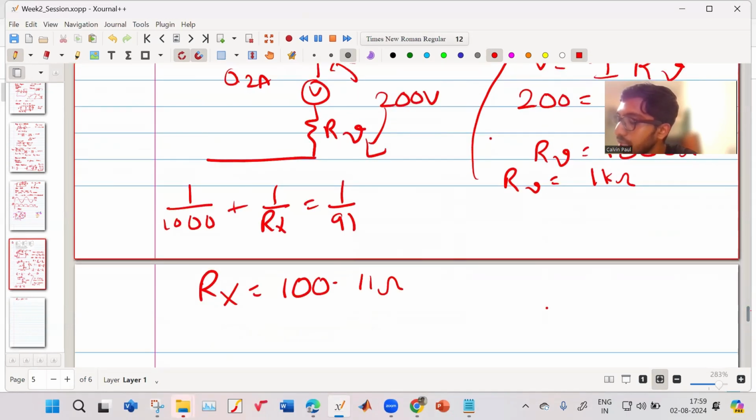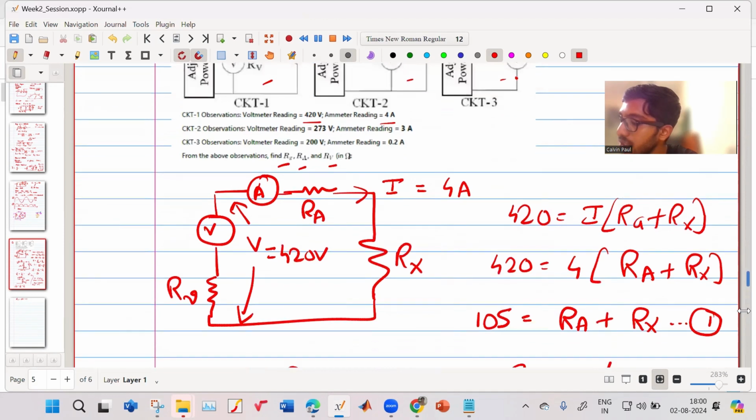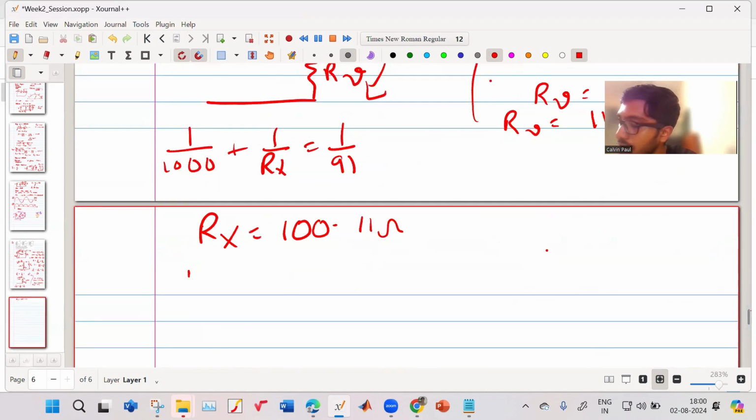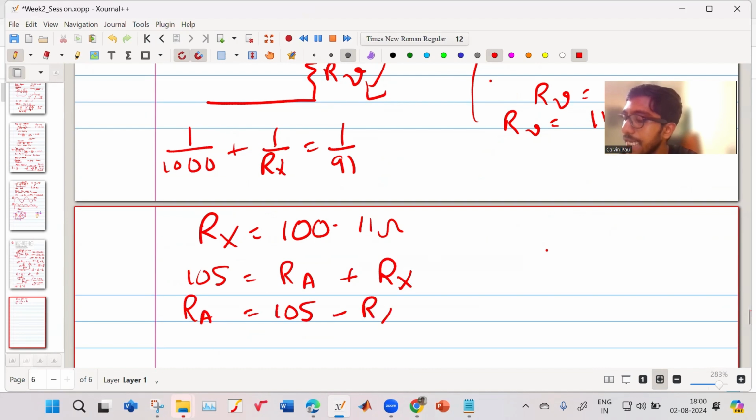Now that I've got Rx is equal to 100.11 ohm, I have to find Ra. I have 105 is equal to Ra plus Rx. So my Ra is equal to 105 minus Rx.